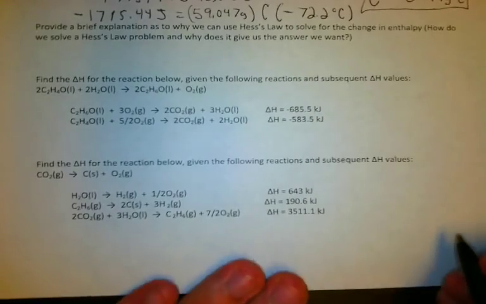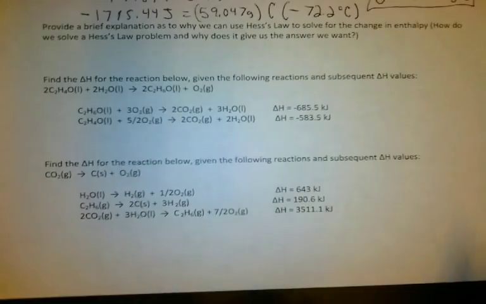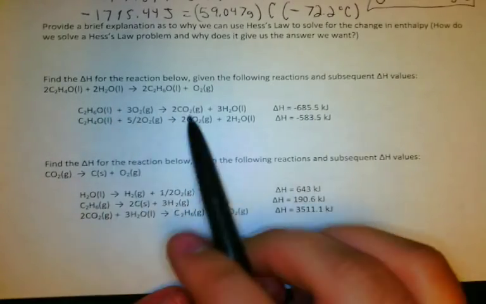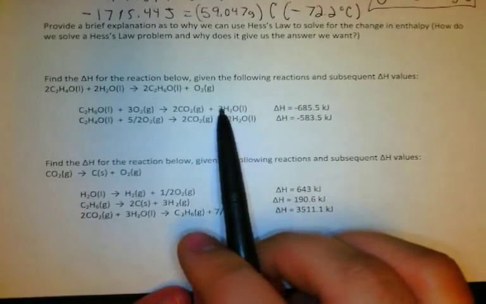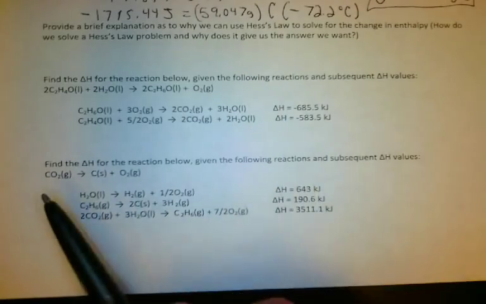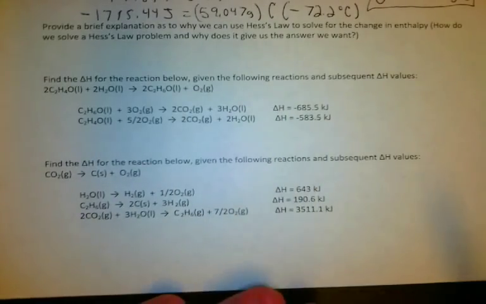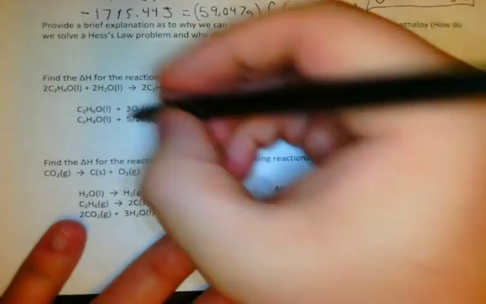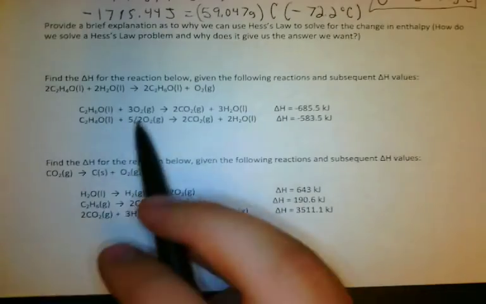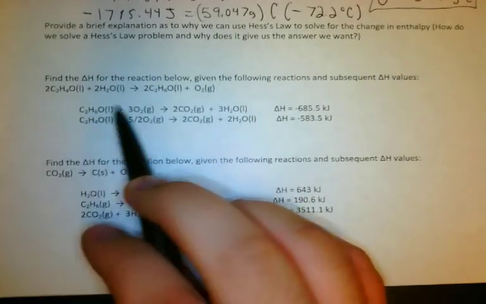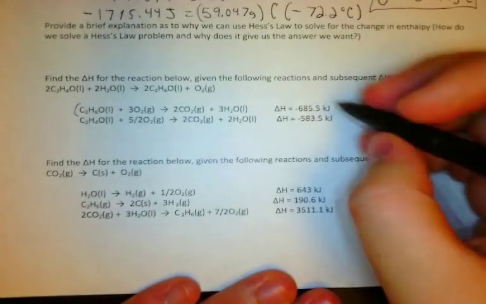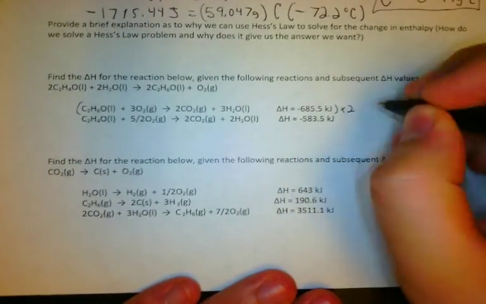So if I were to flip this equation, which I can do, I would need to flip the energy. If these two things broke down and reacted to make these two things, doing the opposite, breaking these two things down to make these two things, would require the exact same amount of energy. So that equation we're going to flip. If we look, I have 1 mole here, I have 2 moles here, I need to multiply this by 2. So I'm going to multiply this whole thing by 2 and flip.